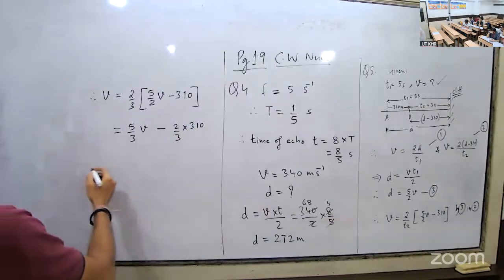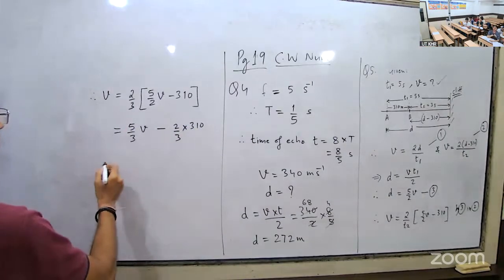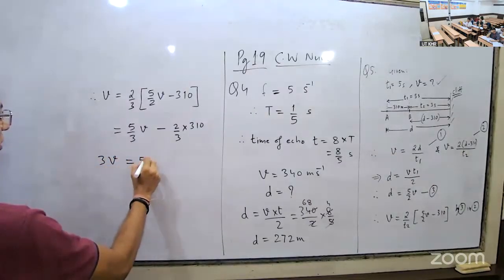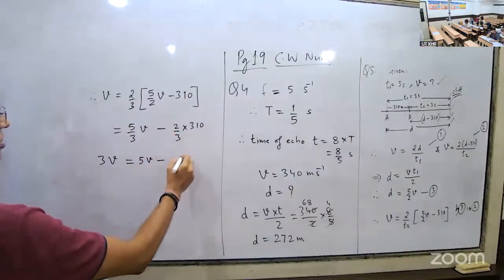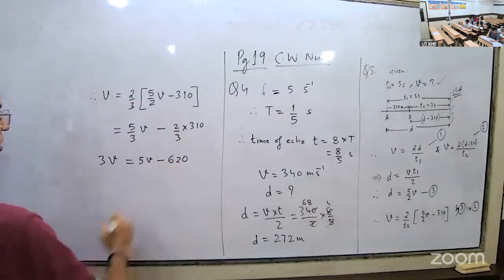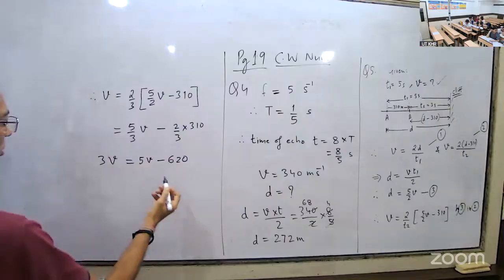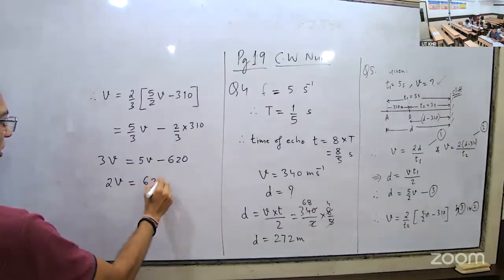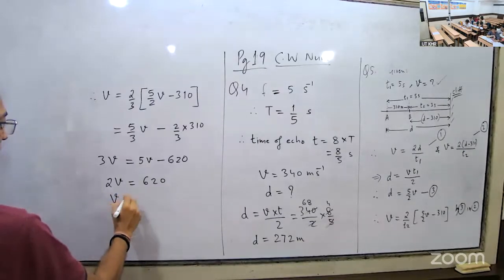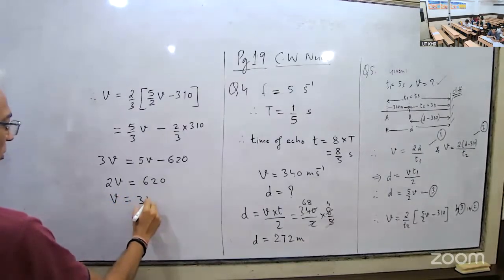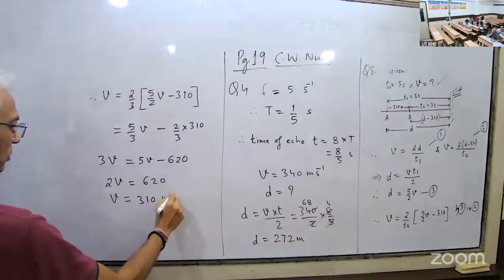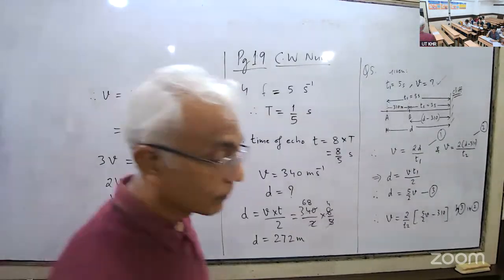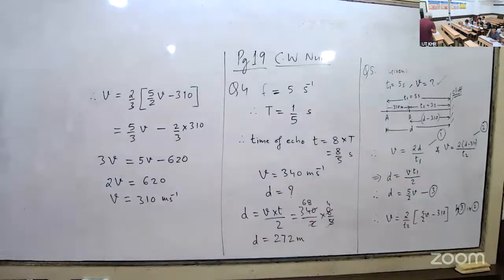So we take 3 common this side, so this becomes 3V equal to 5V minus 620. So 5 minus 3, which is 2V, is equal to 620. So what's V? Is this correct? Yes.